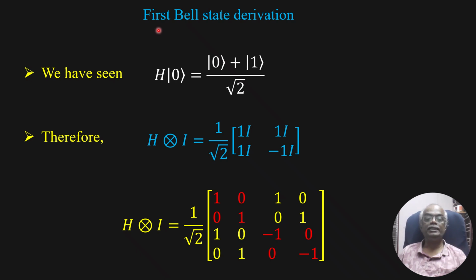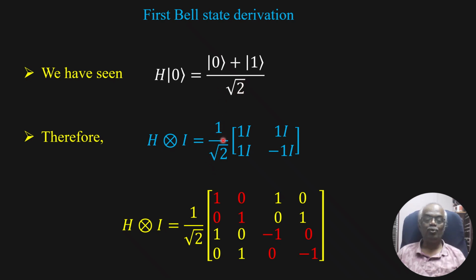Now we will see the first Bell state derivation. We have already seen that when the Hadamard matrix acts on |0⟩, you will get the linear combination (|0⟩ + |1⟩) over square root 2. That is, both have equal probability. Therefore, we make the tensor product of the Hadamard matrix with the identity matrix, with a factor 1 over square root 2.